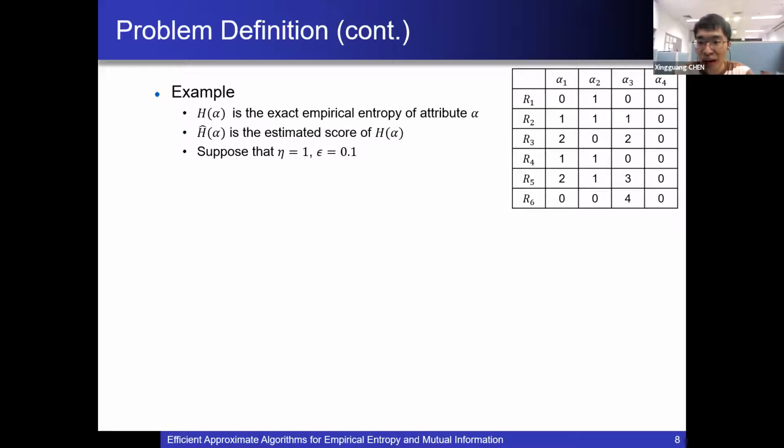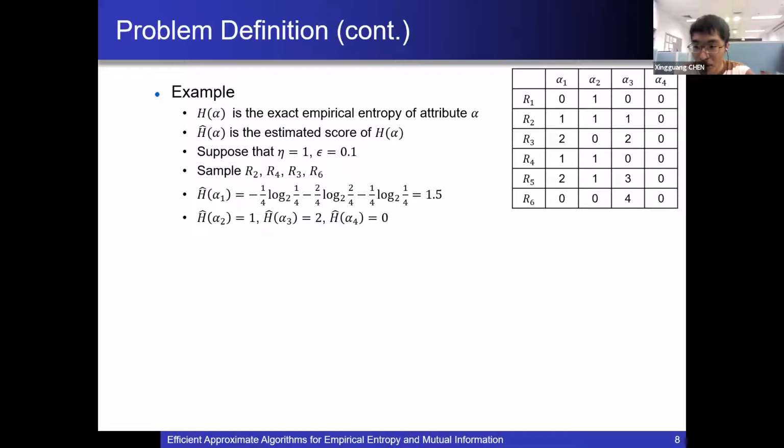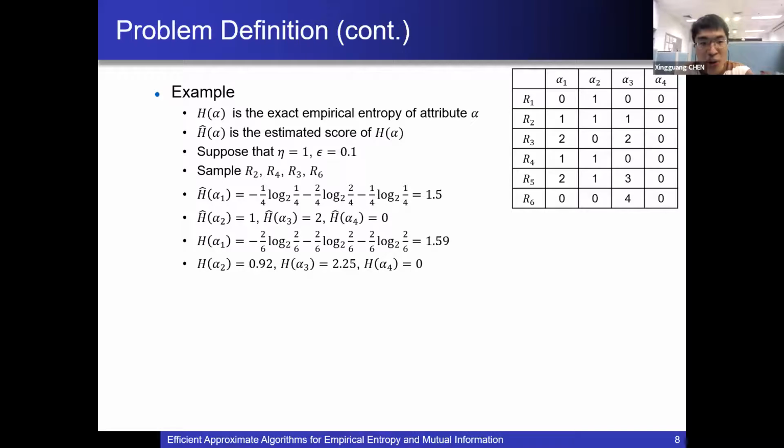When sampling R2, R4, R3, R6, we have the estimation of each empirical entropy score as follows. Besides, suppose that we have their exact values. The estimated attributes with empirical entropy scores no smaller than eta are alpha 1, alpha 2, alpha 3.